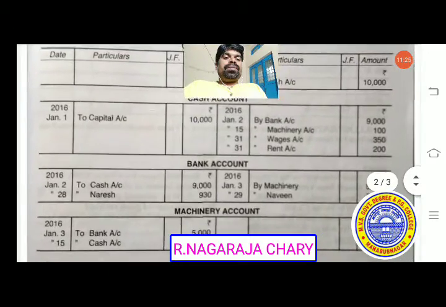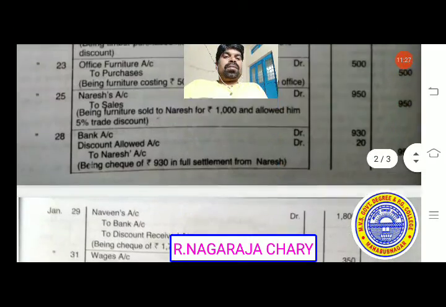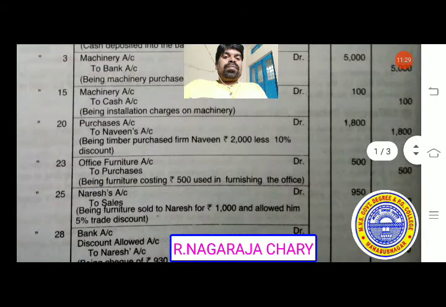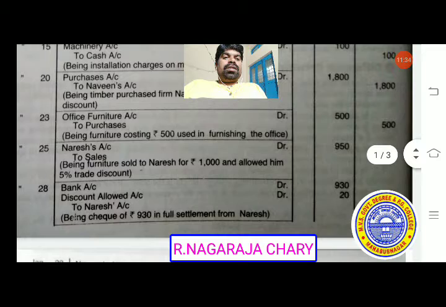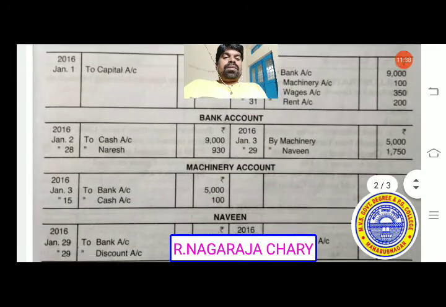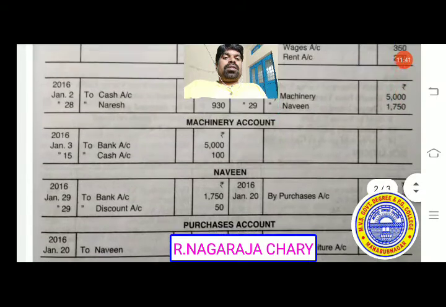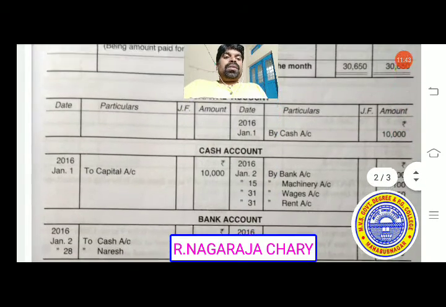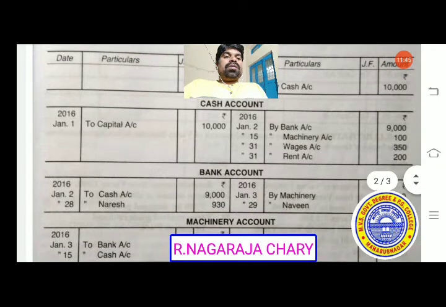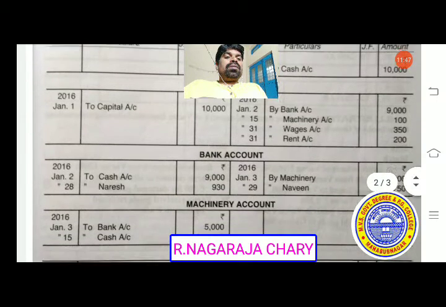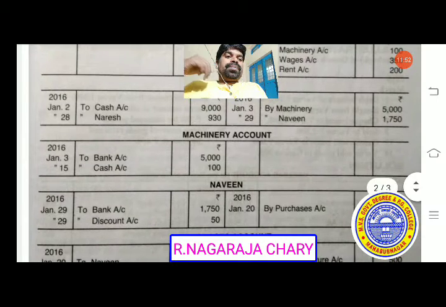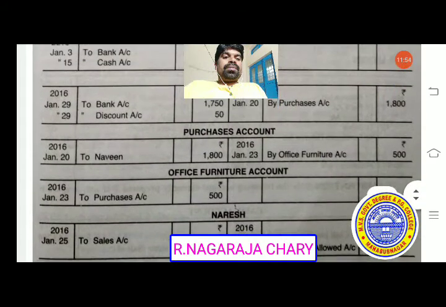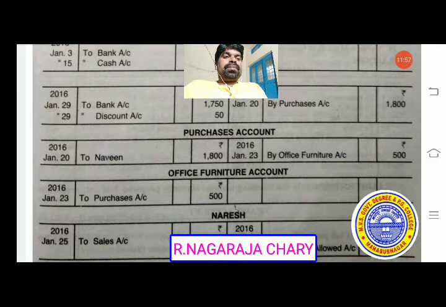Next we see office furniture account debit to purchase account, that is 500. Actually we have to write cash account, so we see cash account, it is not written here.